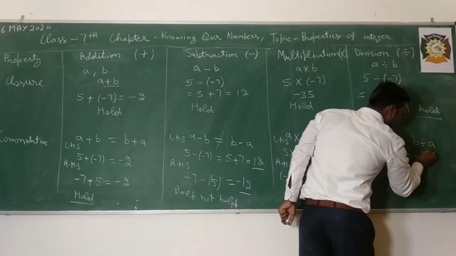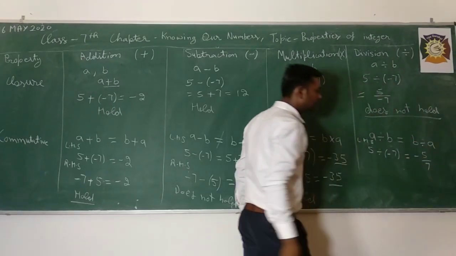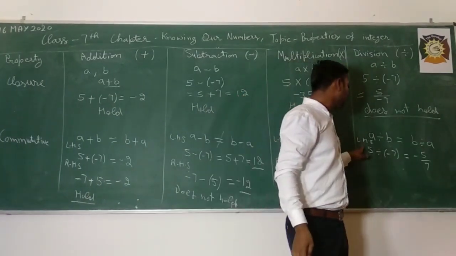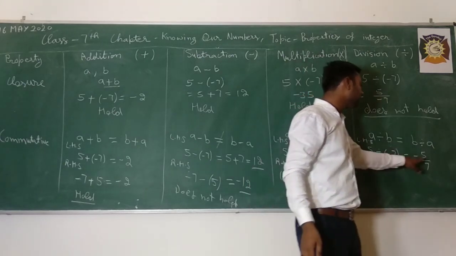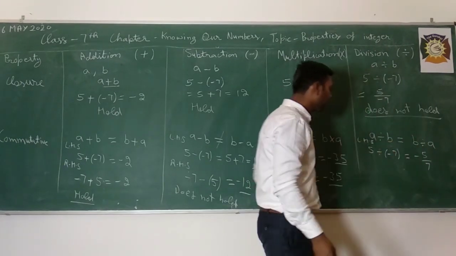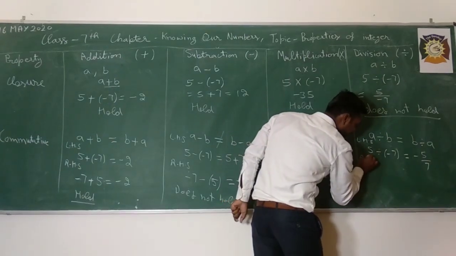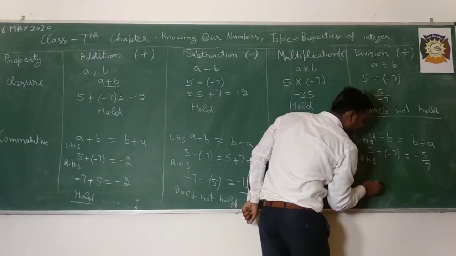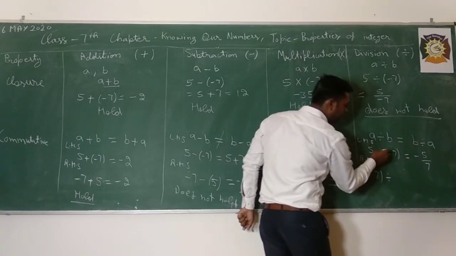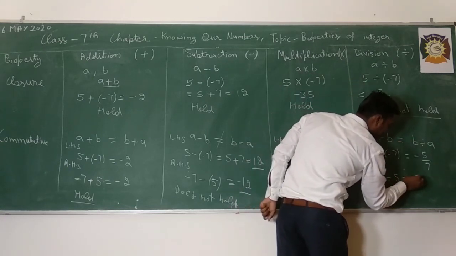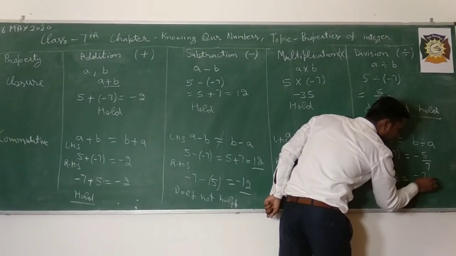What we get? Minus 5 by 7. Take right hand side: B equal to minus 7, divided by A equal to 5, that's equal to minus 7 by 5.